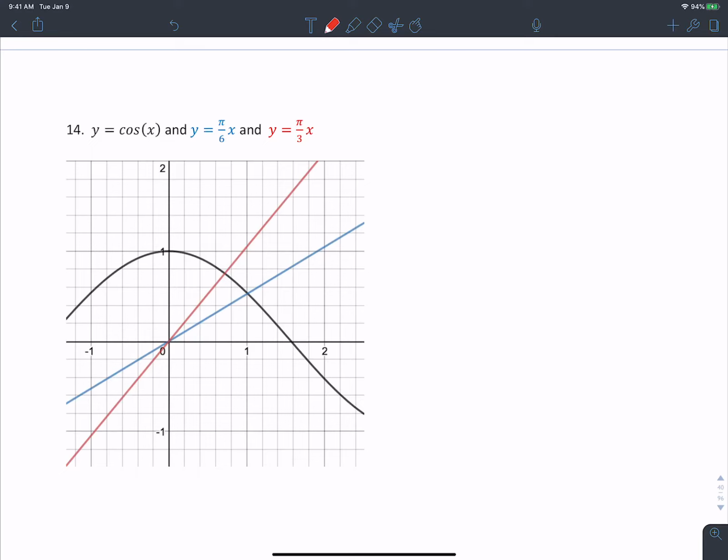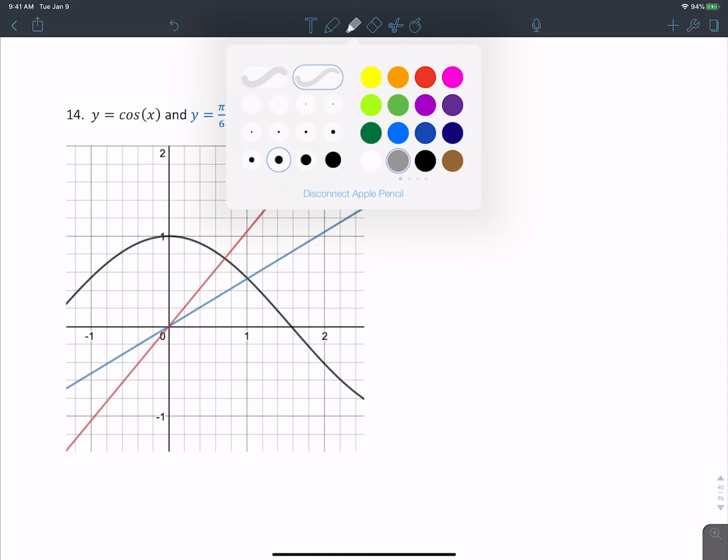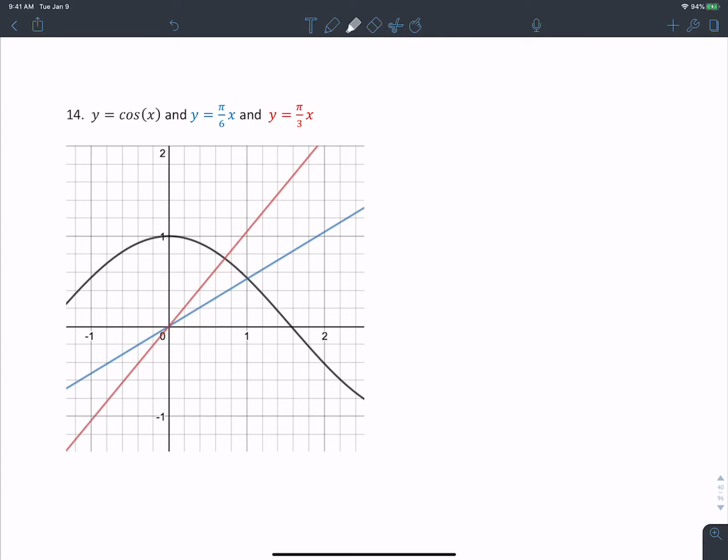They want area between curves here, and maybe this is a good one to talk about, just to at least set up. Because they give us these lines, y is pi over 6x and y is pi over 3x. We have to find, maybe I'll just change that color here, this bounded area. And I want to point out to you guys something is happening here.